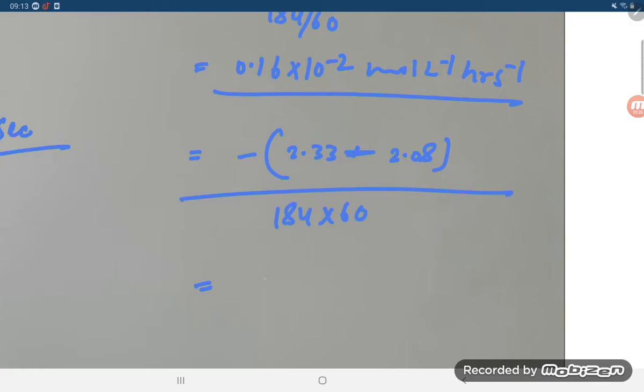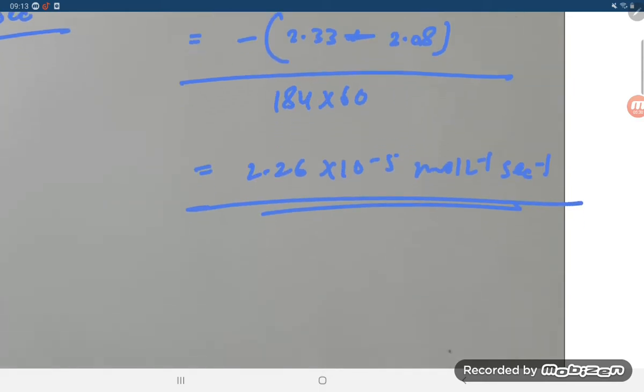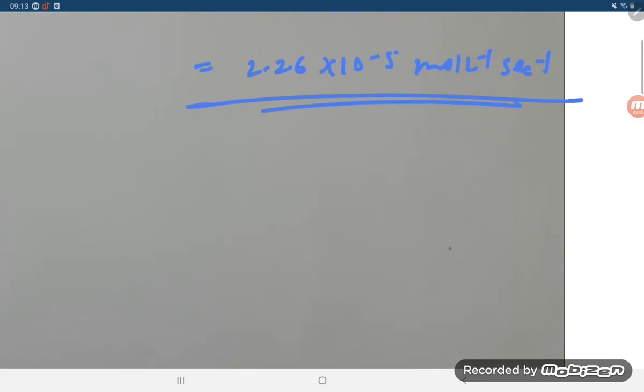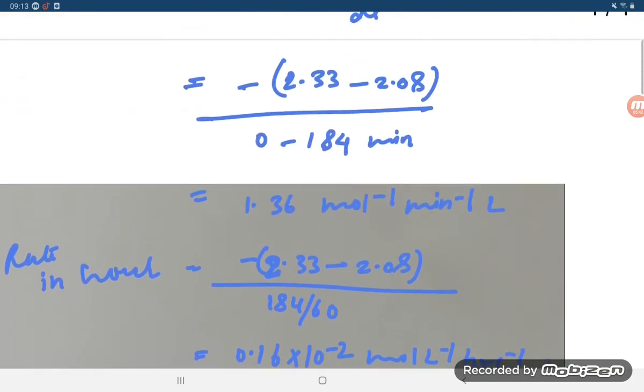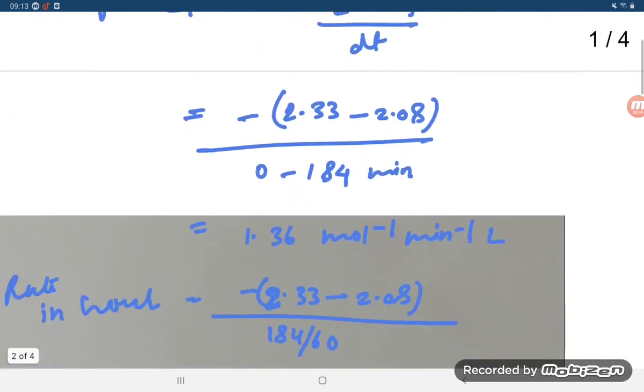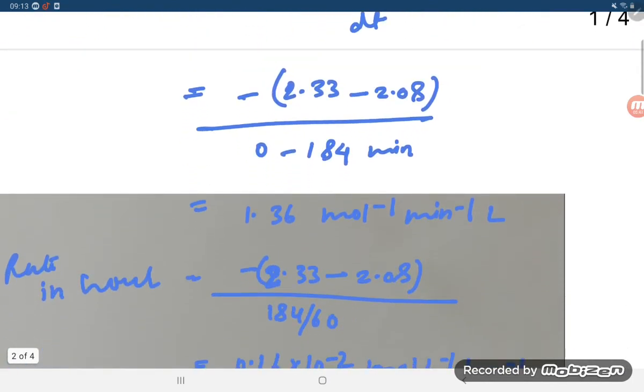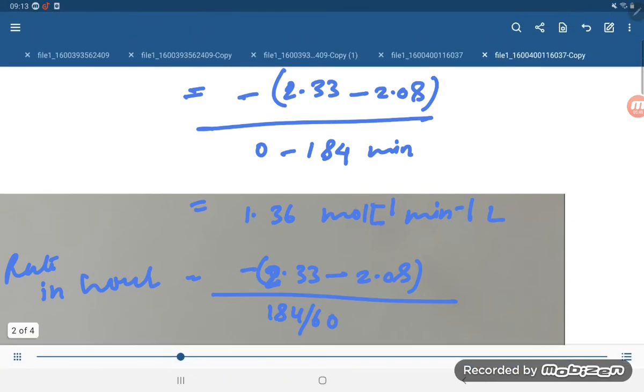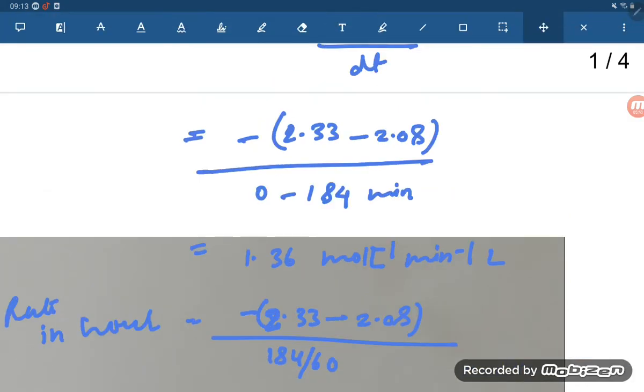It is coming 2.26 into 10 power minus 5 mole liter inverse second inverse. This is our answer. Now students, the unit we wrote here is mole per liter.